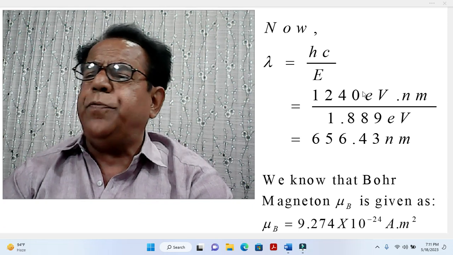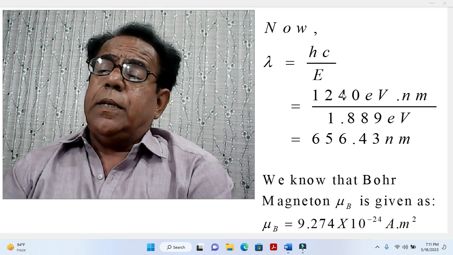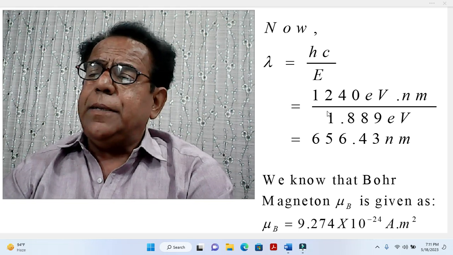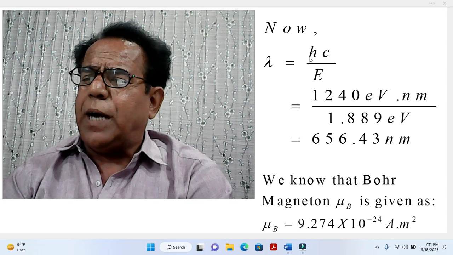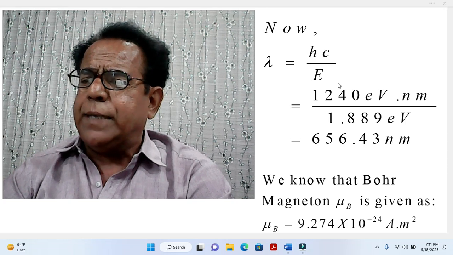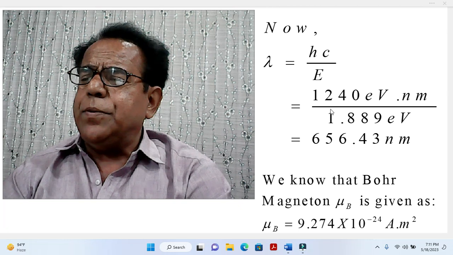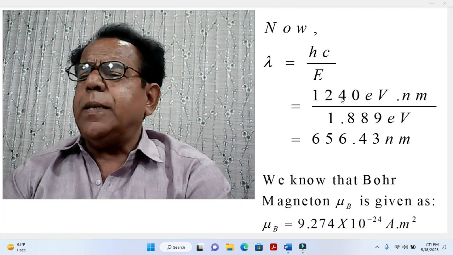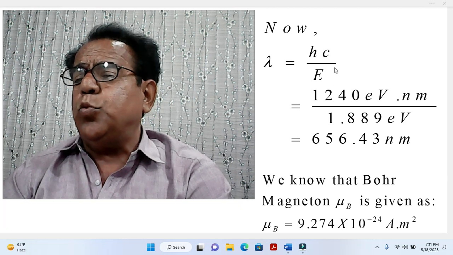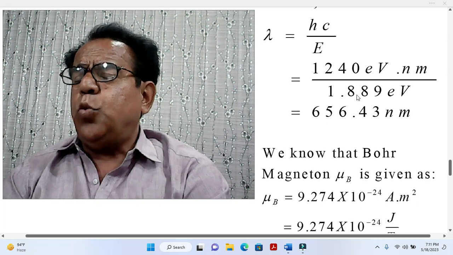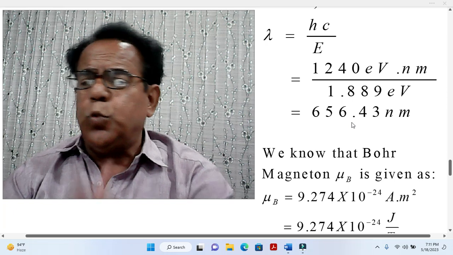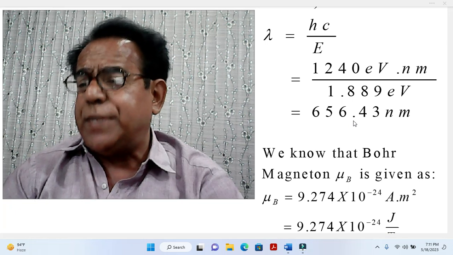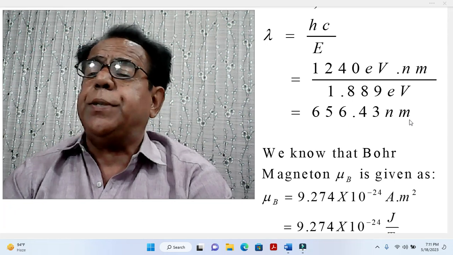So we have availed this facility that we have not used separate values of Planck's constant h and speed of light c, and we have chosen the combined value of these two factors. Okay, so after simplifying, it will become wavelength lambda equal to 656.43 nanometer.